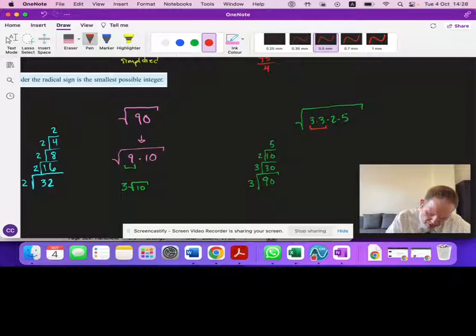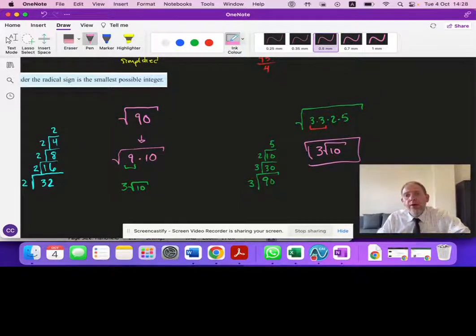There's my pair. I can pull a 3 out. I don't have any more pairs, so I'd be left with 3 square roots of 10. Both ways work. Both ways are completely correct and efficient. Well, prime factorization always works. It's not always the most efficient way. But there we go. Hope that's helpful.